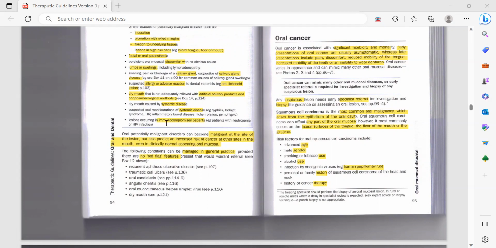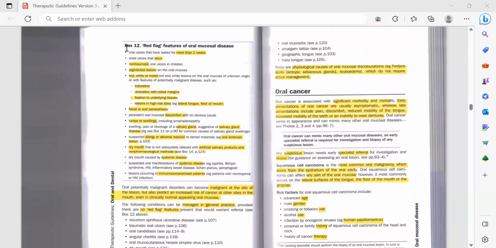Okay, so these are the oral manifestations of systemic disease, or if the lesions are occurring in immunocompromised patients, such as patients with neutropenia or HIV patients. Okay, so I would say read this table a few times so that you remember which things you really need to focus on. And if you see these things in any scenario, then the best answer would be referring to the specialist.